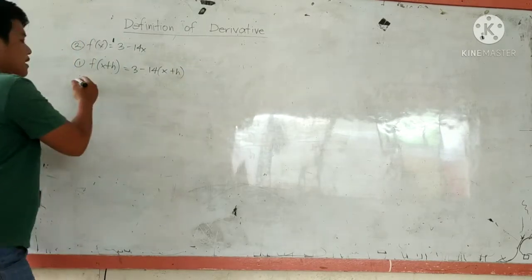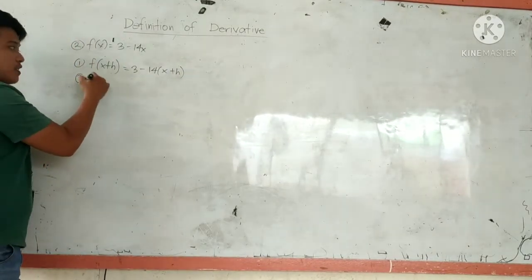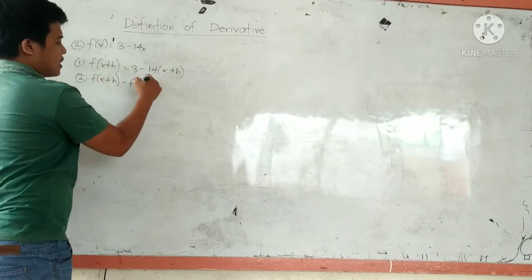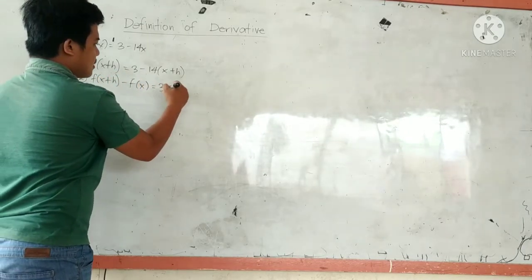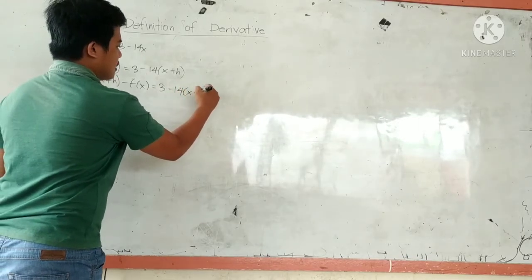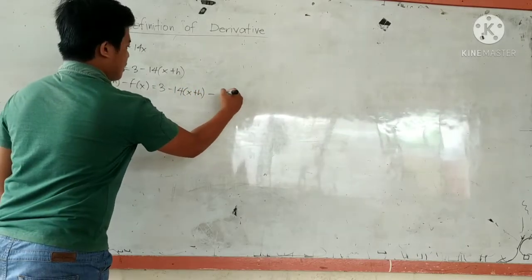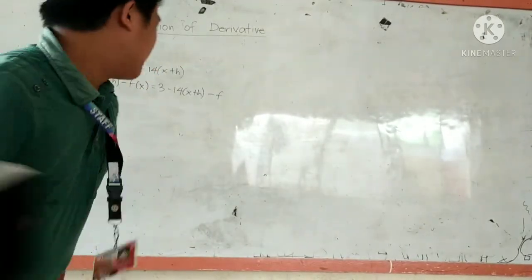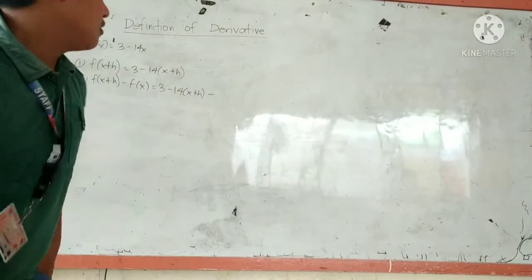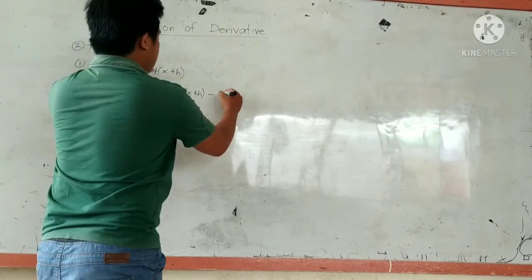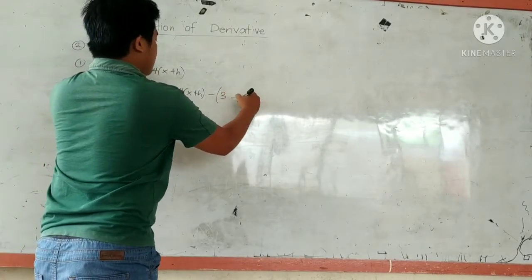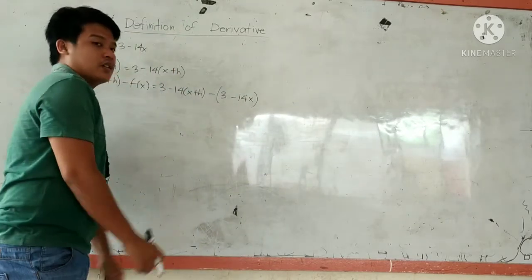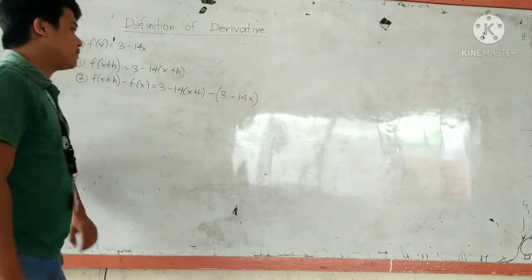In our second step, we have f of x plus h minus f of x, which would be 3 minus 14 times x plus h, minus 3 minus 14x. In this part, we are going to use parentheses to emphasize this subtraction.